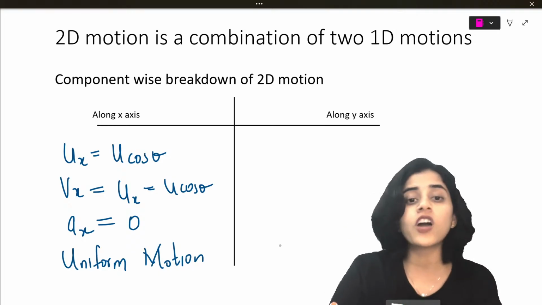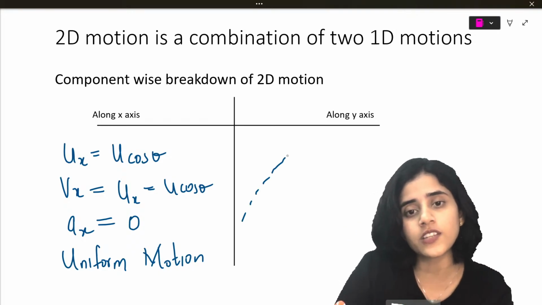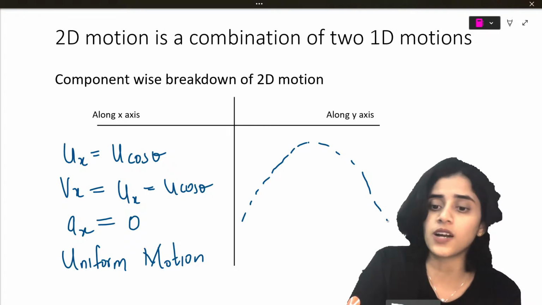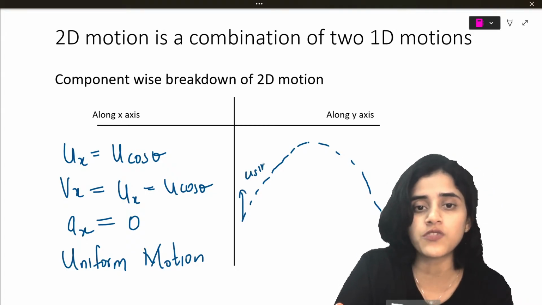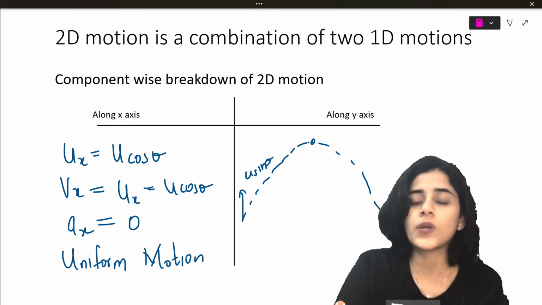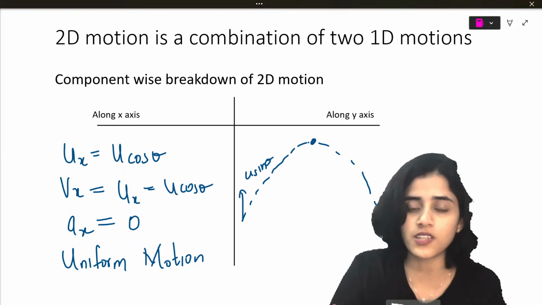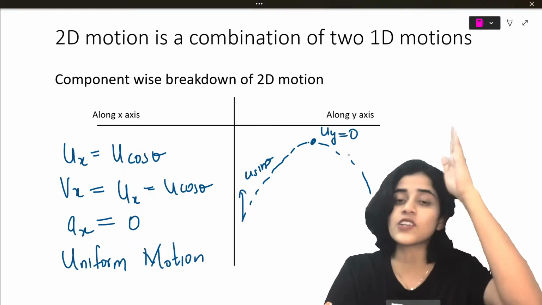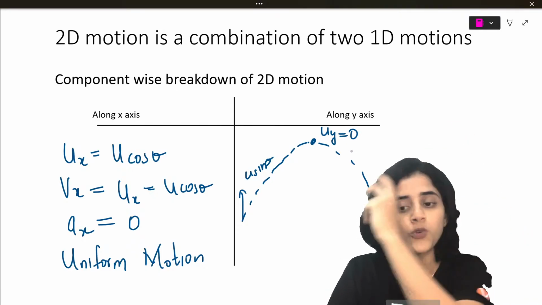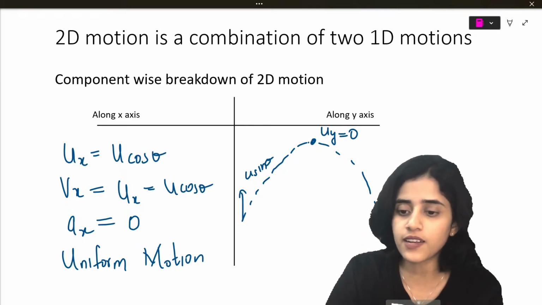Now along y-axis, what is happening? Initially it goes up and then it comes down. When it goes up, it has a velocity of u sin theta. When it reaches the topmost position, vy is 0. There is no velocity at the topmost point, and then it comes down.